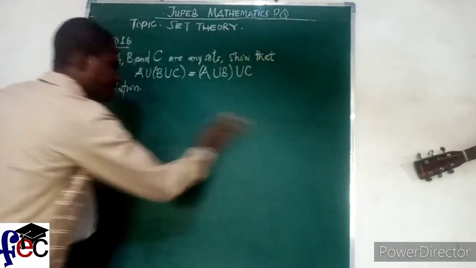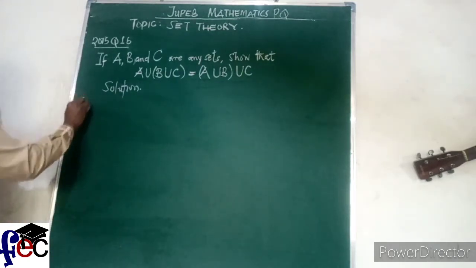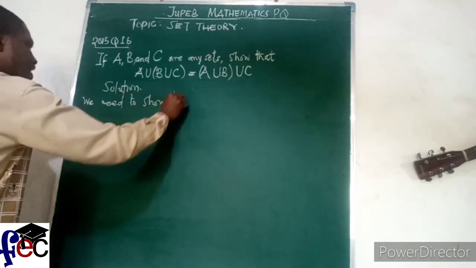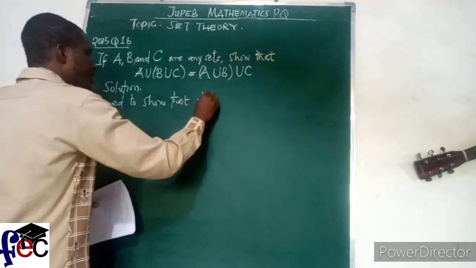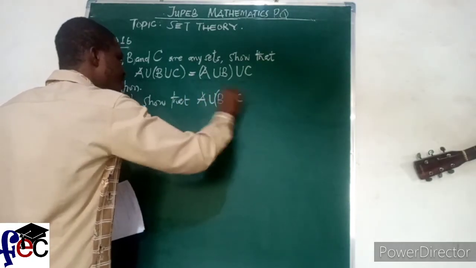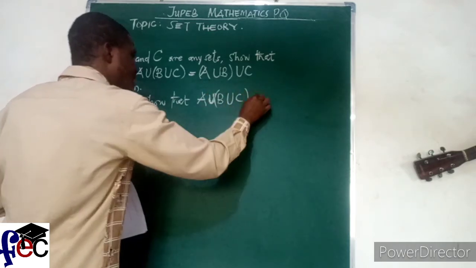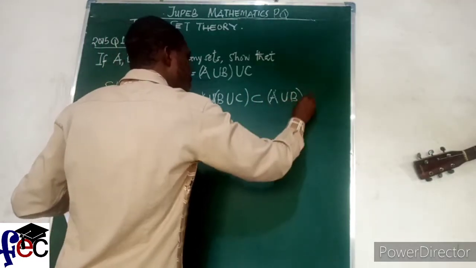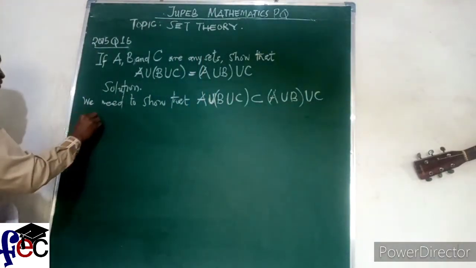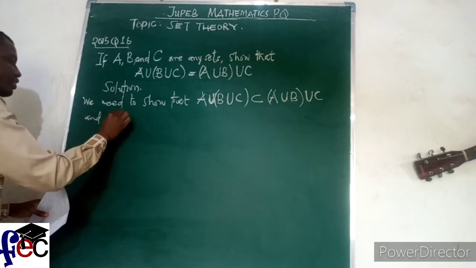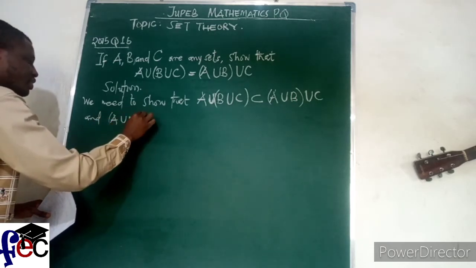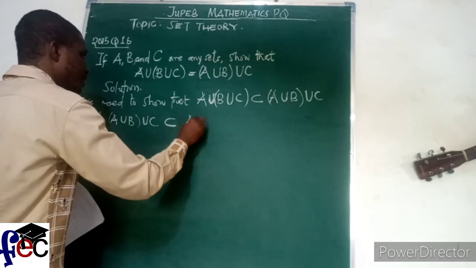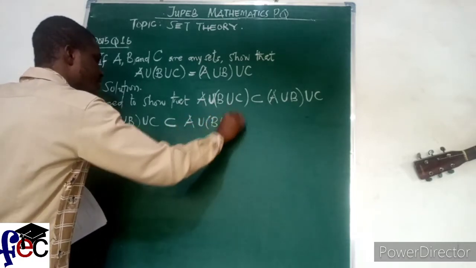So look at it now. We need to show that A union (B union C) is a subset of (A union B) union C, and (A union B) union C is a subset of A union (B union C).